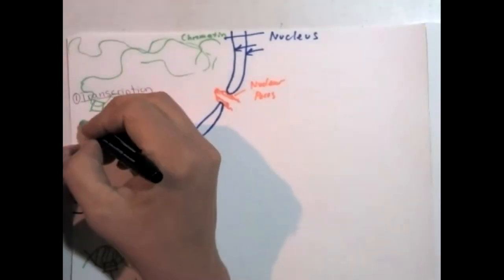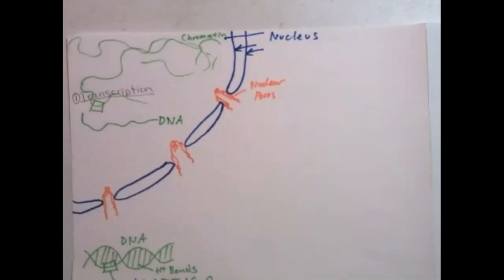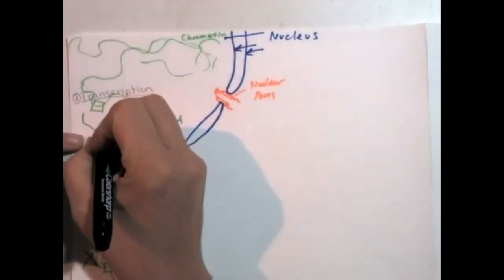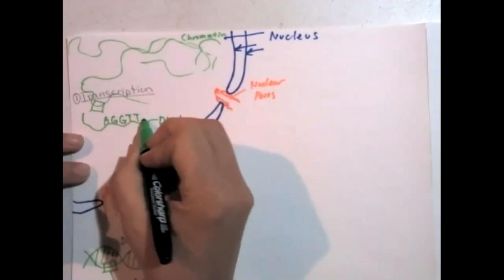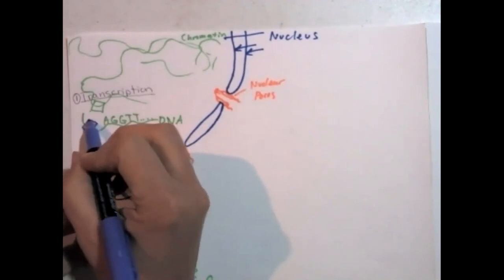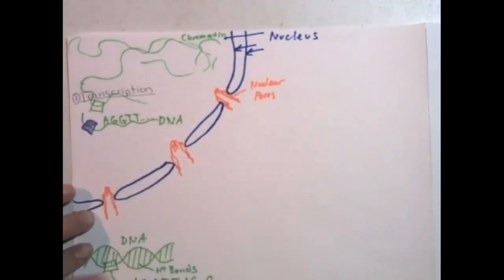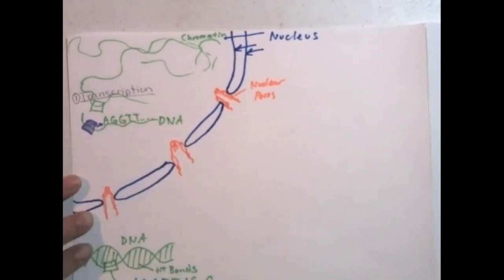So we'll say that this here is a gene in the DNA. This particular gene maybe is A, G, C, T, T, etc. What is first going to happen in transcription, which I'll show you an animation of in a moment, is that an enzyme, I'll say this little block here is an enzyme, is going to read the DNA and make a copy of it.